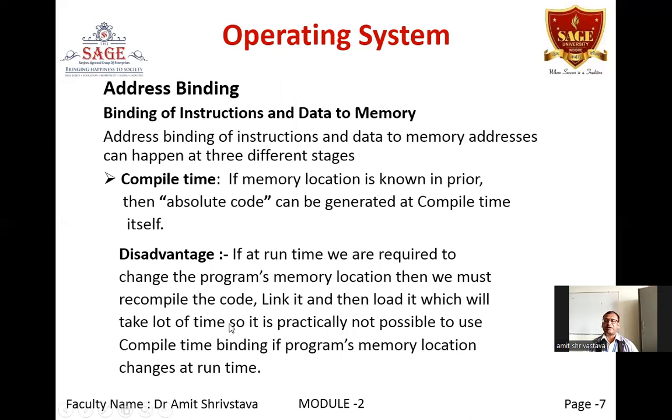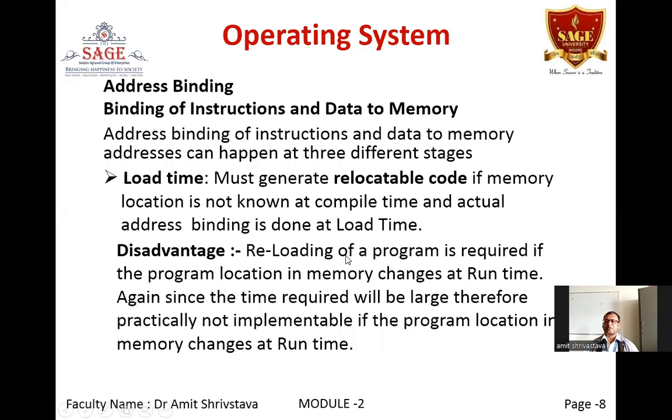So it will take a lot of time. Every time I change the physical location of my program, all these 3 things, compilation, linking, and loading, have to be done. Therefore, it is not practically possible to do compile time binding.